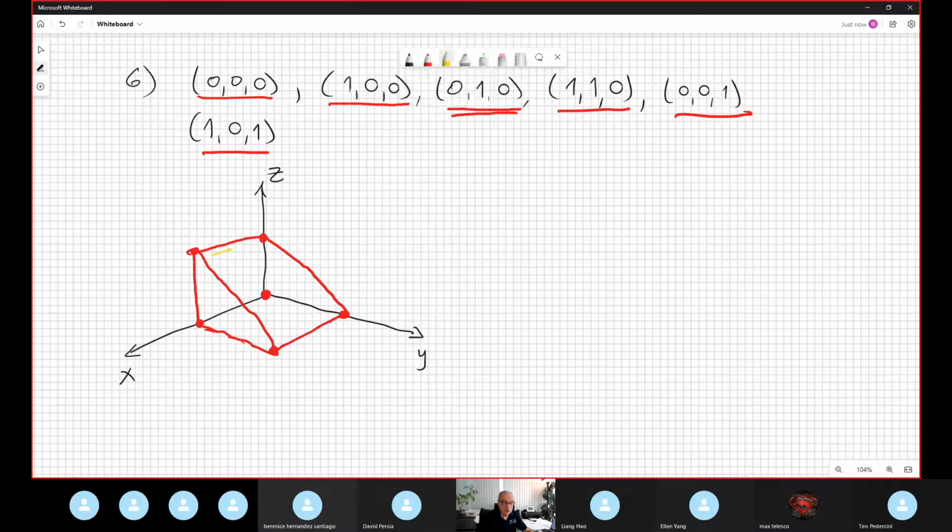Our solid has a plane here, another plane here, another plane in the XY at the base. This is my solid. Okay, of course, this is a prism.